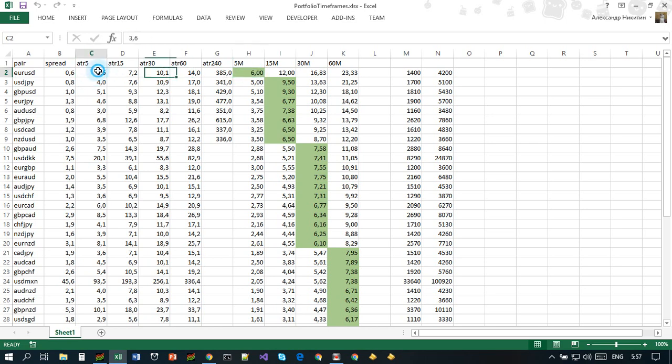This is the number that tells you how many times the average range of the candle exceeds your spread. So on 5 minutes, euro-dollar says it exceeds 5 times. It is 5 times greater than the spread. It means that the spread only takes 1/6 of the average range.